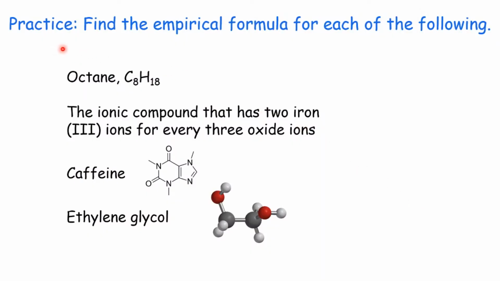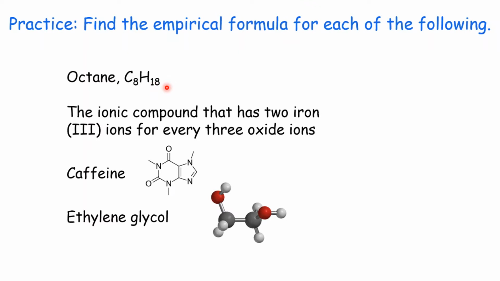Let's work on another practice. Find the empirical formula for each of the following. Okay, so octane. When we add fuel, we always try to find out which octane number we should use. So 87 is the common one. And what is octane? Basically, that's one of the major ingredients in gasoline, and that's C8H18.